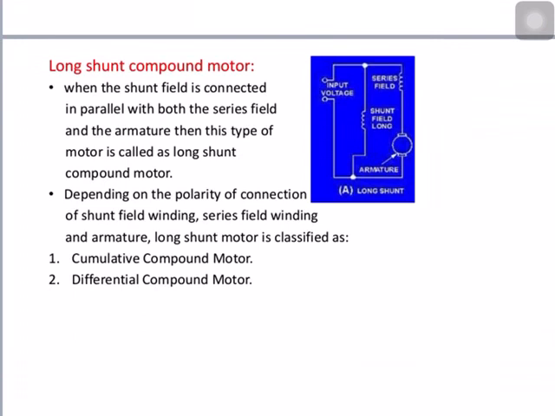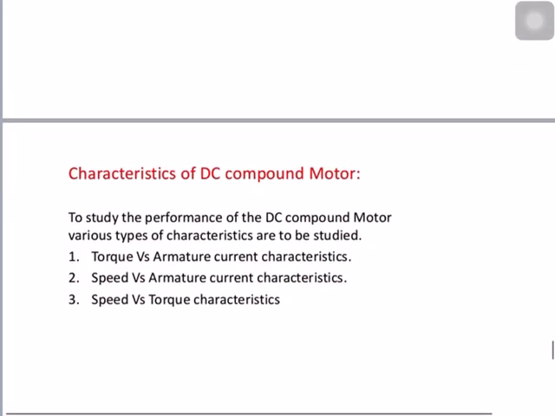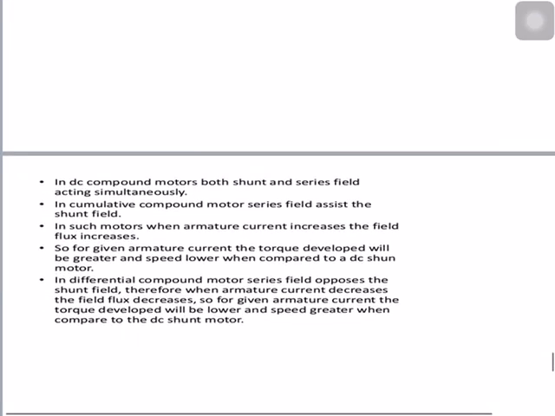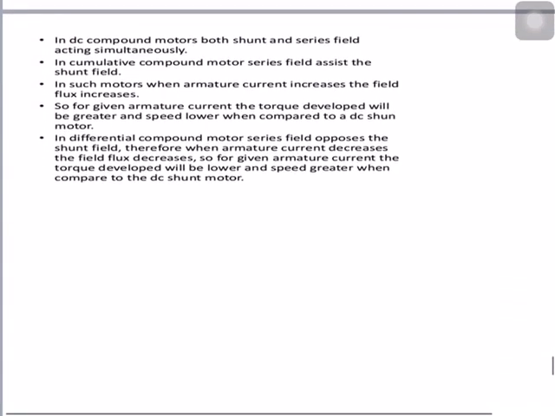And in the case of the differential compound motor, the series field opposes the shunt field. So when the armature current decreases, the field flux also decreases. So for a given armature current, the torque developed will be lower and speed is greater when compared to the DC shunt motor. And we'll see the characteristics of the DC compound motor, that is torque versus armature current, speed versus armature current, and speed versus torque characteristics.